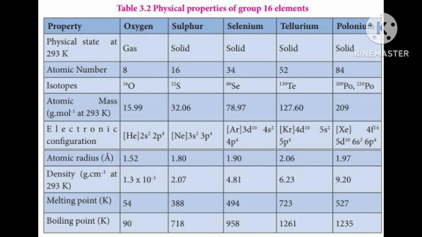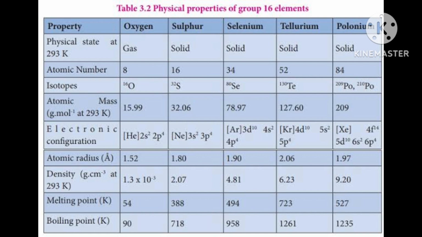Oceans, seas, ponds, rivers. And there is no ocean, no sea, no river of H2S. It is because oxygen is more electronegative than sulfur. That is why oxygen forms hydrogen bonding, but sulfur is much less electronegative, so it does not form hydrogen bonding.